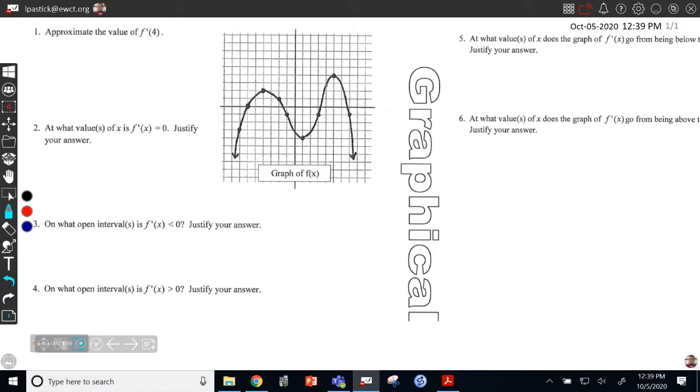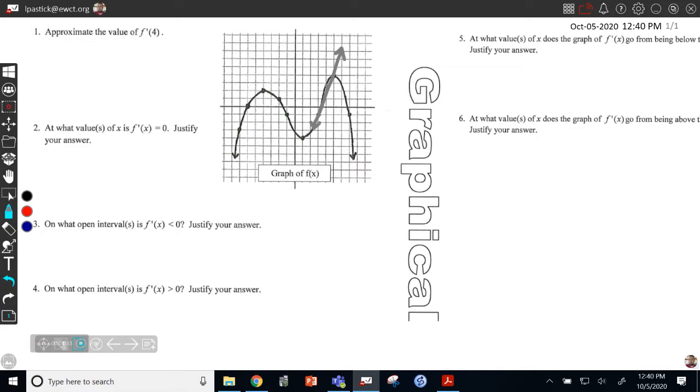I could kind of eyeball it, but instead of looking for the exact slope of the tangent line, we'll look for the slope of the secant line drawn between the 2 points next to it. Since we're looking for 4, we're going to use the 2 points next to it, which are x equals 3 and x equals 5. We're going to draw this secant line, and use the slope of that line to approximate the value of f prime of 4.